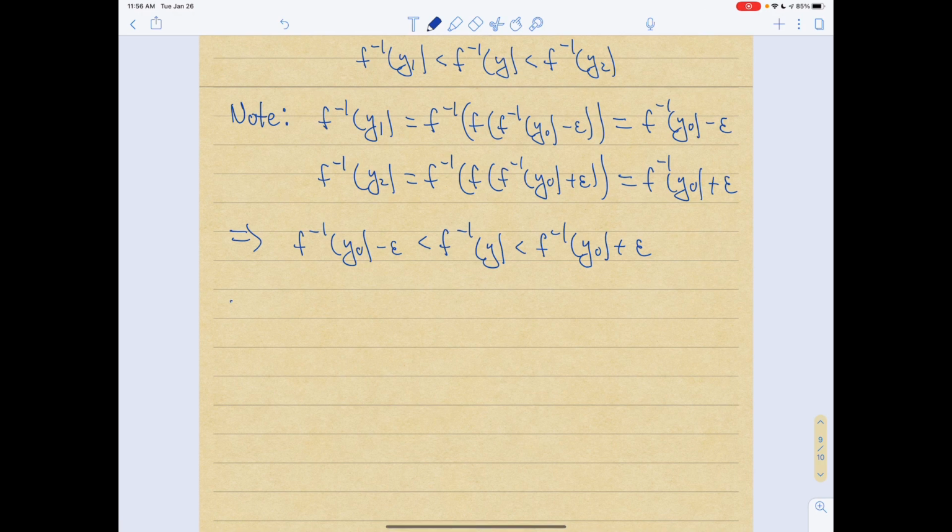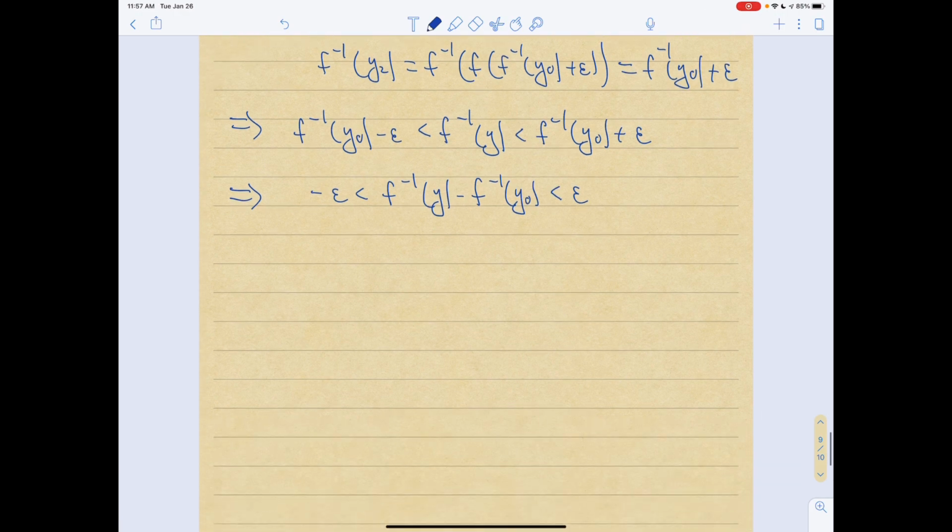Well, that means that if I subtract f inverse of y0 from all three sides, minus epsilon is less than f inverse of y minus f inverse of y0, and this is less than epsilon.